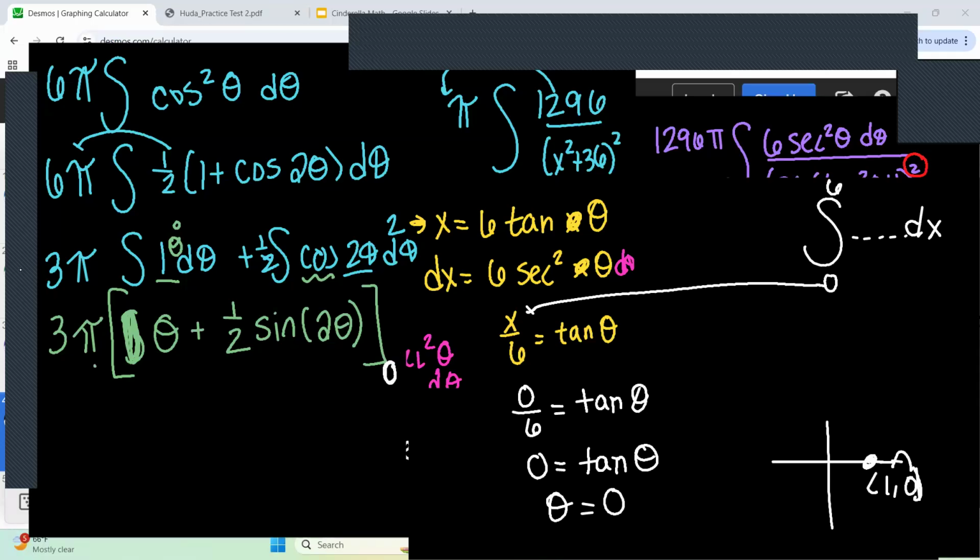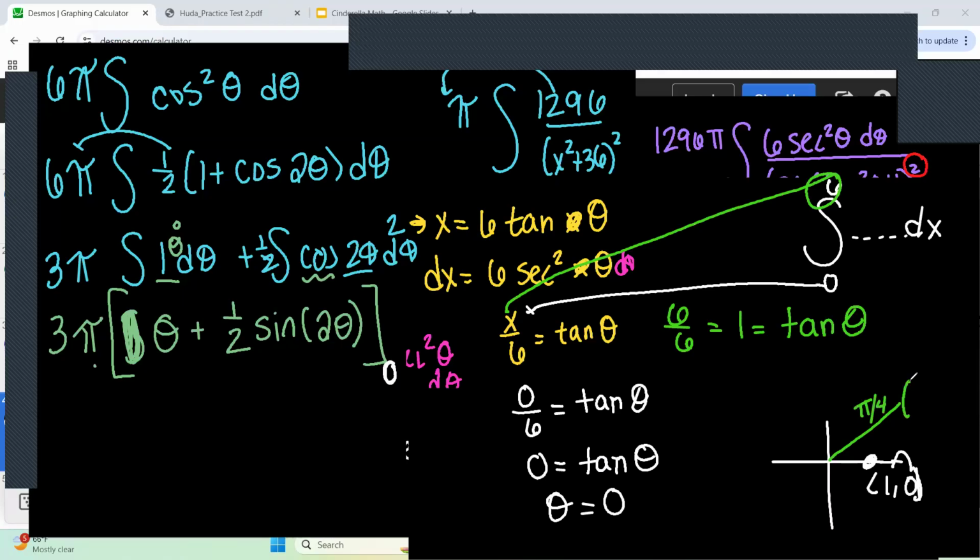And now let's put in 6. So 6 over 6, better known as 1, is tan theta. Where is tan theta 1? It's the middle one in quadrant 1 at pi over 4.